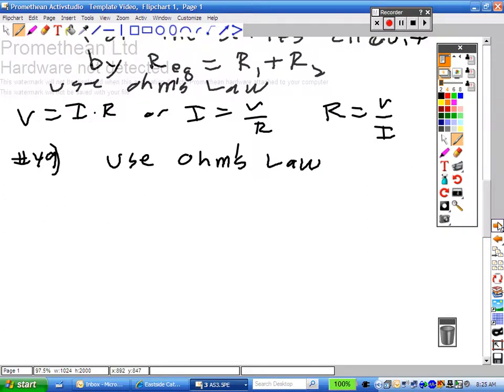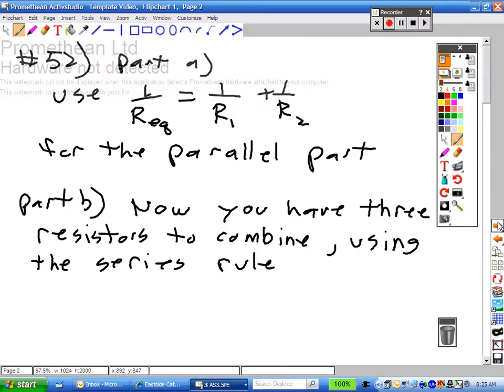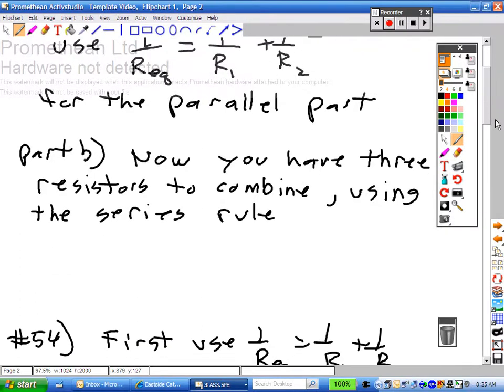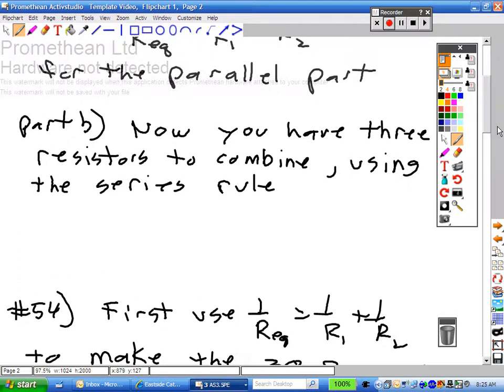Let's go now to a more complicated question, number 52. Part A has an equivalent circuit. So again, you're going to use 1 over the equivalent resistance equals 1 over R1 plus 1 over R2. That's for the parallel part. So that should help you with part A. For part B, you now have 3 resistors to combine using the series circuit rule.